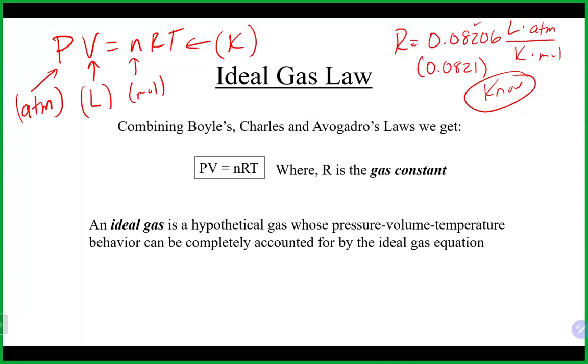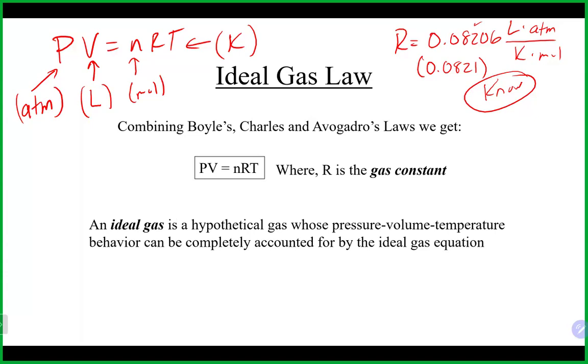What is an ideal gas? We'll talk a little bit about it towards the end of the chapter, but essentially what makes something an ideal gas is really two things. One thing is when we think about the volume of an ideal gas versus the volume of the container it's in. The volume of an ideal gas under normal conditions is extremely small compared to the volume of the container they're flying around in.